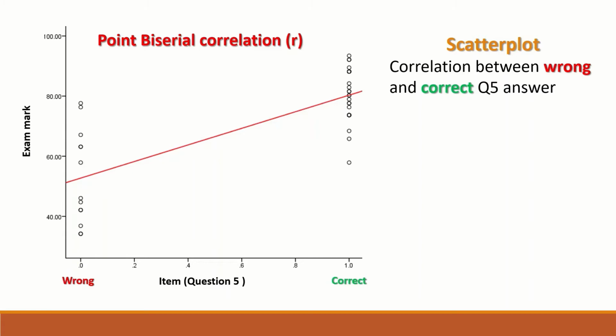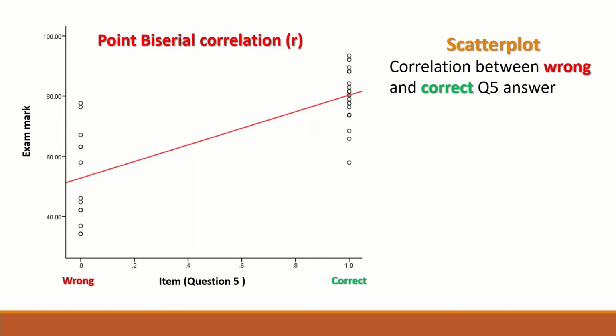Most of the students who answered item number 5 correctly tend to have a higher overall exam mark, compared to those who answered it wrongly, who tend to have a lower total score or total mark.